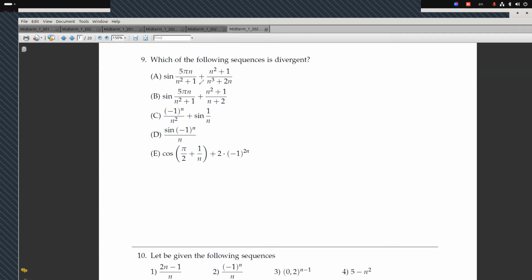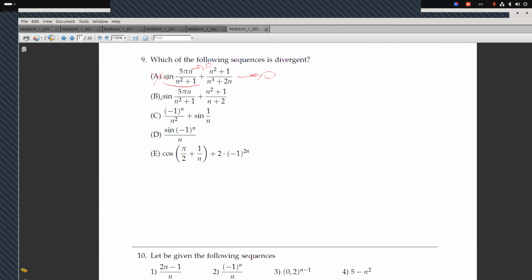Is this divergent? No. What is the limit of it? 0. Yes, the argument tends to 0. Sine of 0 is 0, so it tends to 0. N squared plus 1 over 3n over n cubed plus 2n also tends to 0. So the first tends to 0. It is convergent.